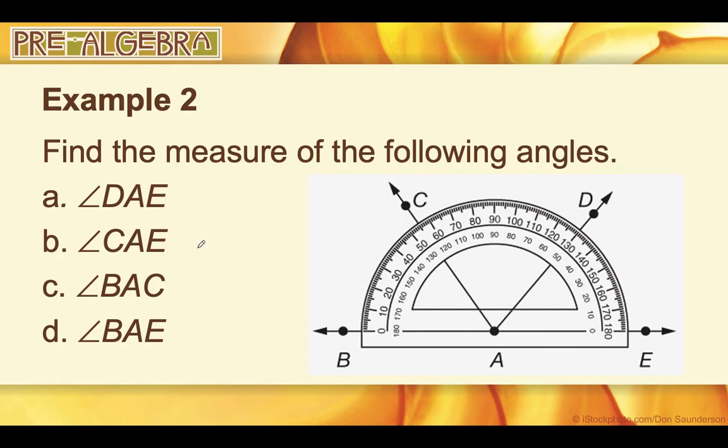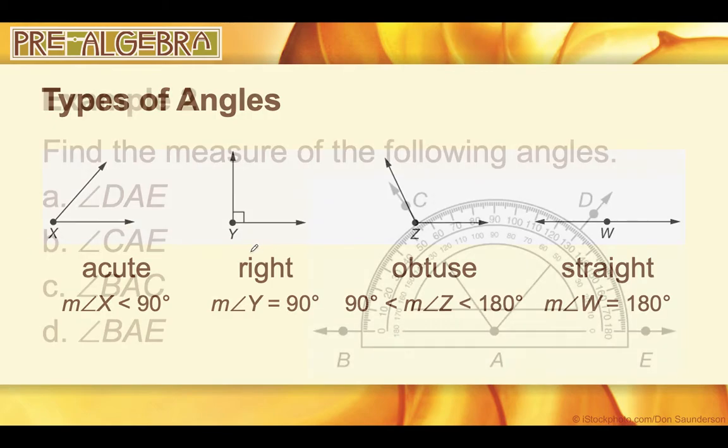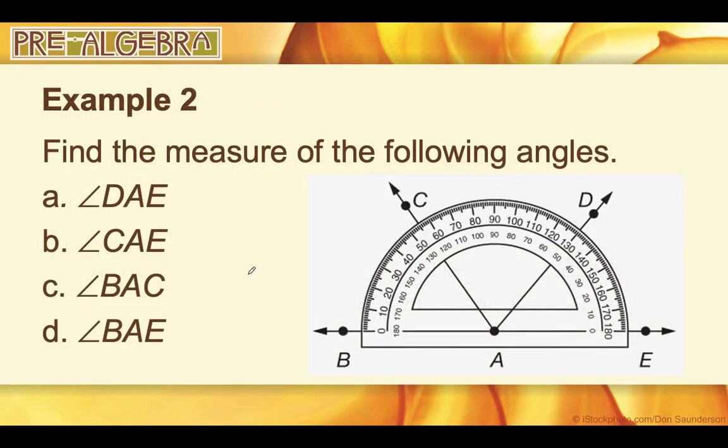In the previous slide, we talked about angles being named by either 1 point, so they have 1 point here, or we can name them using 3 points, because we couldn't just say angle A, because there are multiple angles in this figure right here. We have angle CAB, we name it by 3 points.